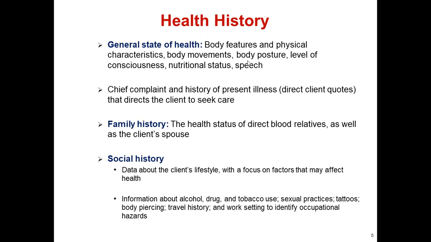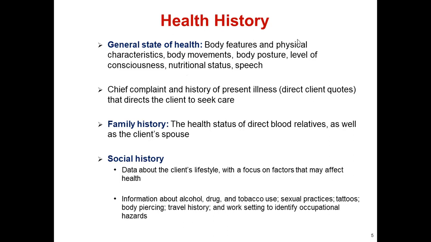So in the way of speaking or talking, you can see if the patient has any kind of difficulty of speech, or the patient has hoarseness of voice. Maybe hoarseness of voice indicates the patient has a hormonal imbalance. Nutritional status: undernutrition or obesity, kwashiorkor or marasmus.